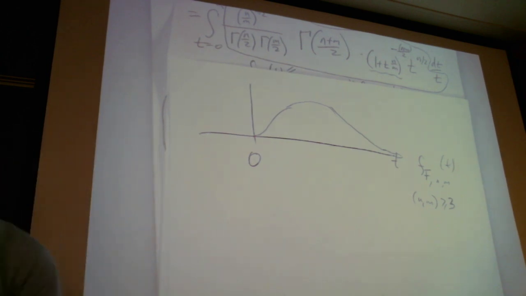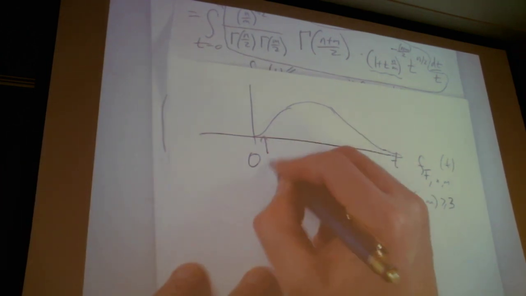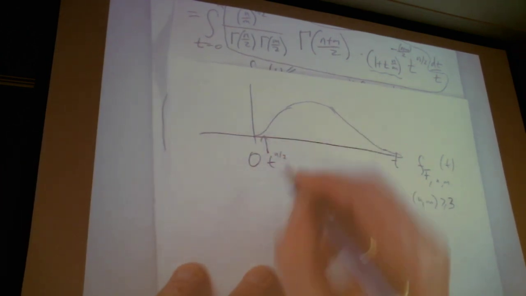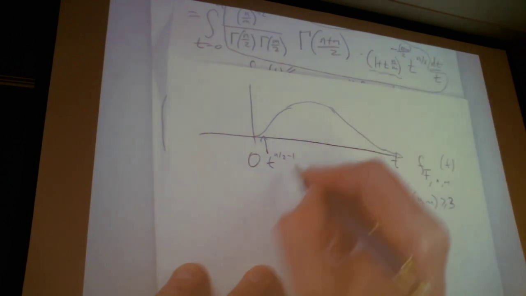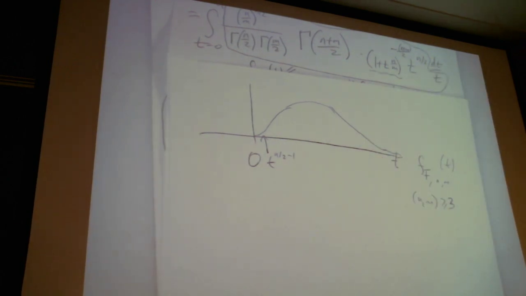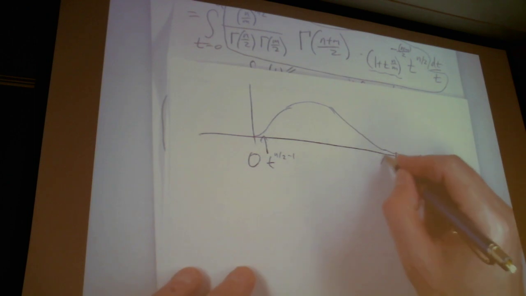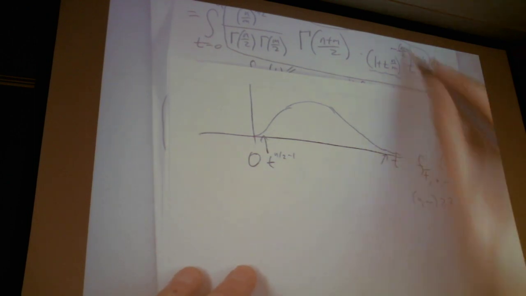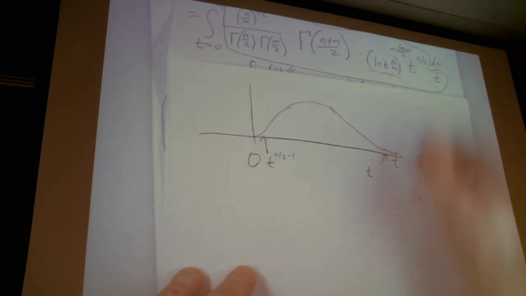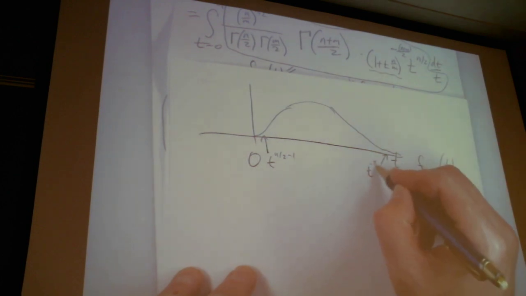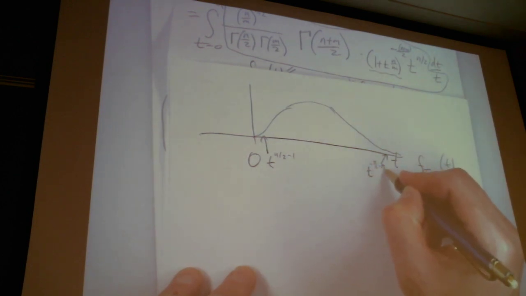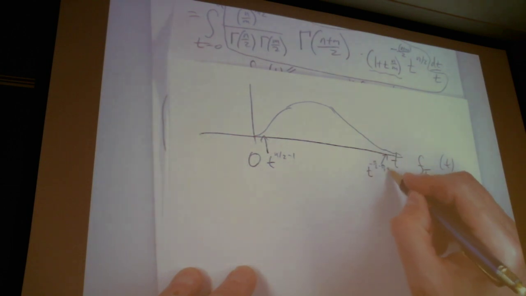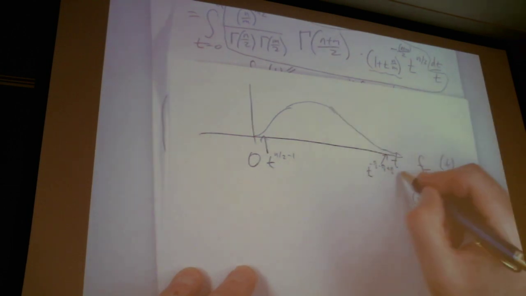So it grows initially like t to the n over 2 minus 1 in its initial range. And in its final range, it decays like, well, what's the power of t? It's t to the negative n over 2 minus m over 2 times t to the n over 2 minus 1.